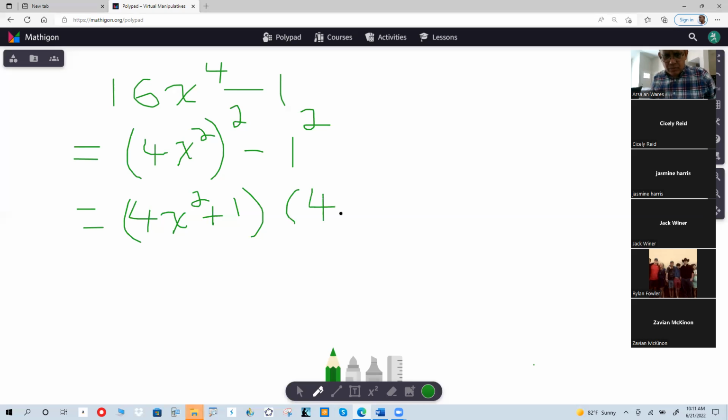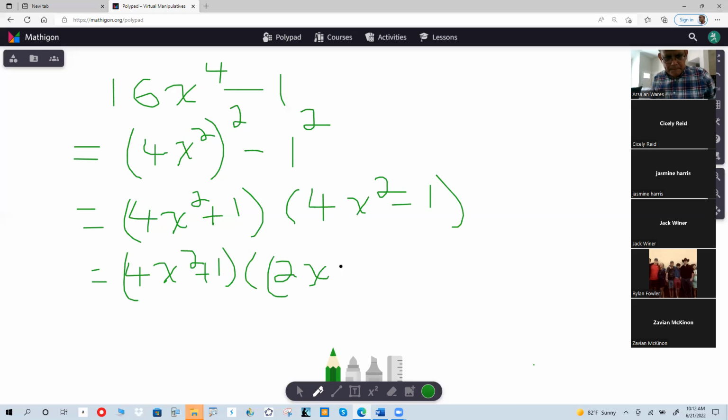And with the 4x squared minus 1, I then broke it into 2x, and then that's minus 1. Very good. Can I say 1 squared? Yeah, you can say that. It doesn't matter as long as you're doing it correctly, if you see 1 as 1.